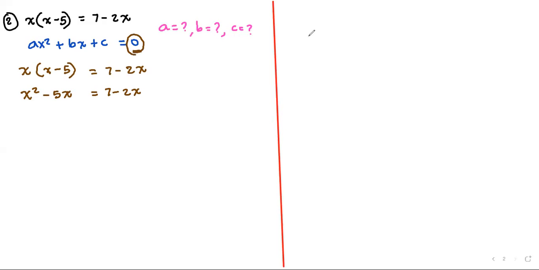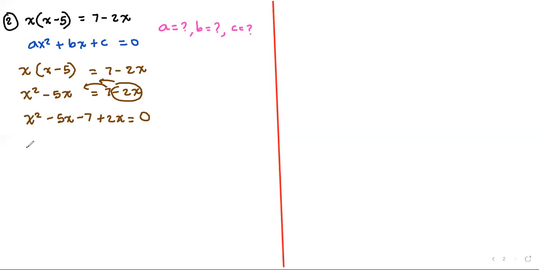So we have x squared minus 5x. Now this 7, we bring it this side to have minus 7, and this minus 2x, we also take it this side to have plus 2x, so the whole of this one is already taken away. So this means that it is equal to 0.